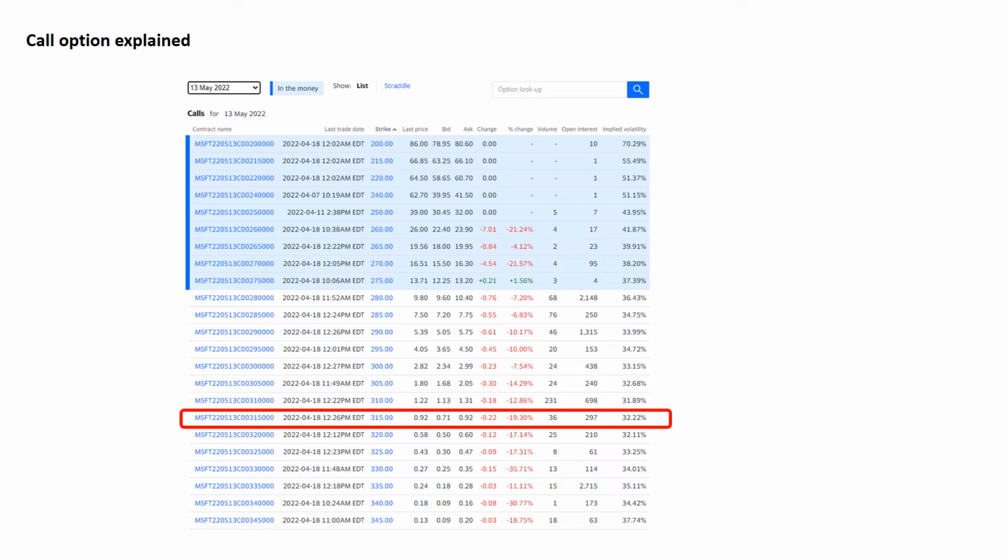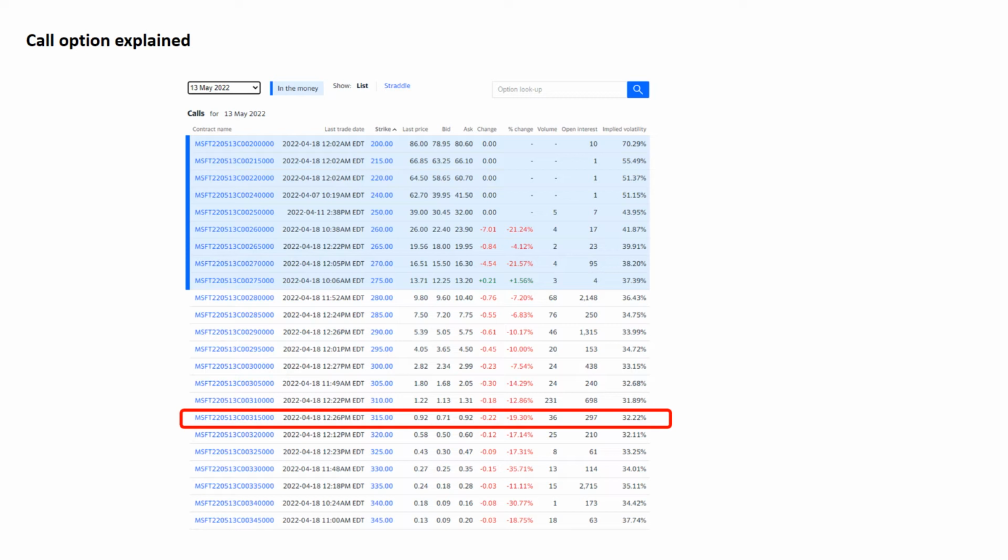So if, for example, let's say on the 13th of May 2022, Microsoft was trading at $320, you will have to sell your Microsoft shares at $315. And the reason why you have to do that is because on the 18th of April, you received 71 cents per share for agreeing to sell Microsoft shares at $315.